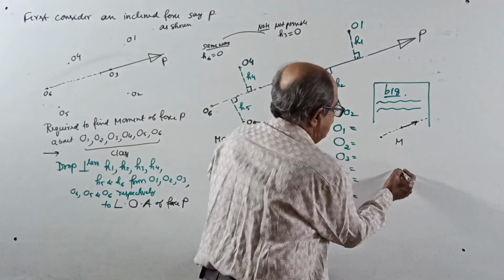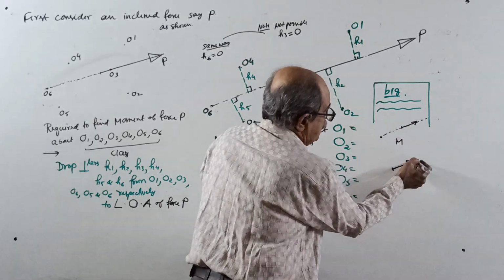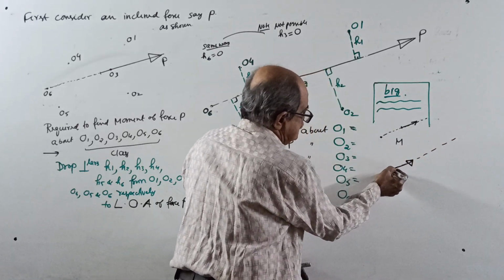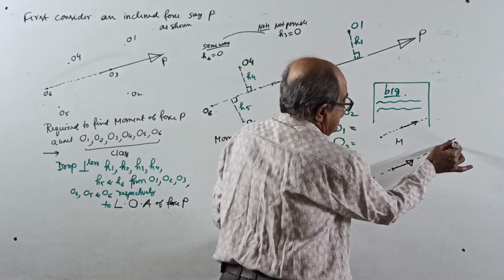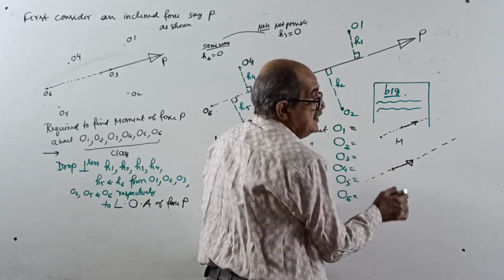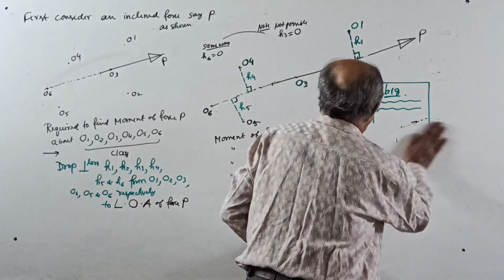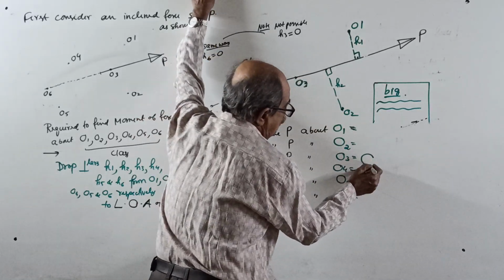Therefore, if a force is acting here, this much shown, extend both sides up to wherever you want to extend. Moment about any point in that line equal to 0. Therefore, without showing any calculation, moment about O3 equal to 0.